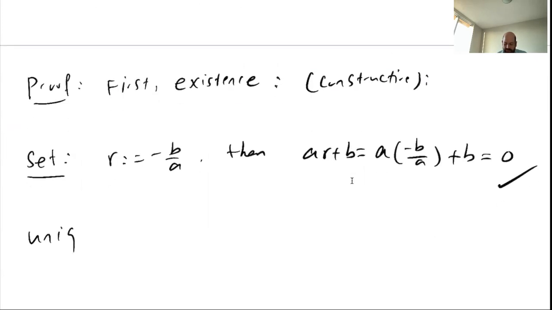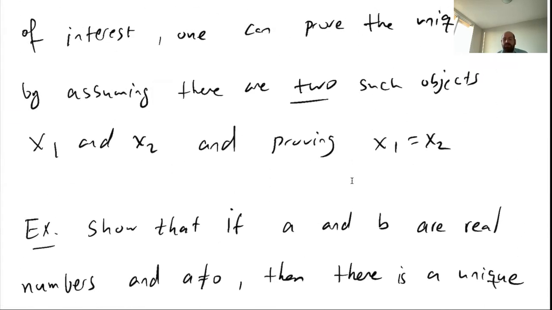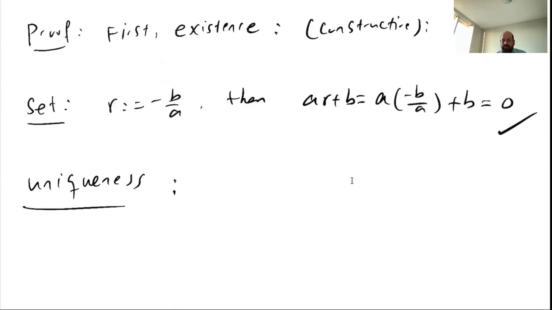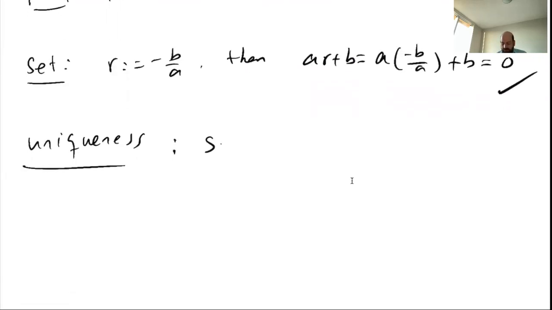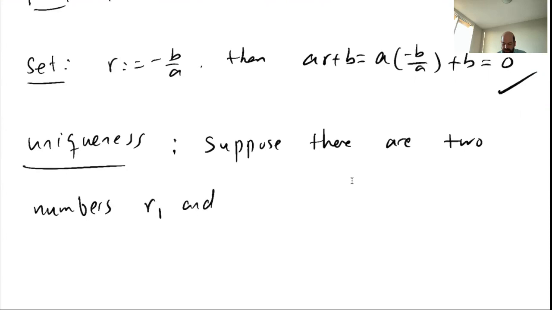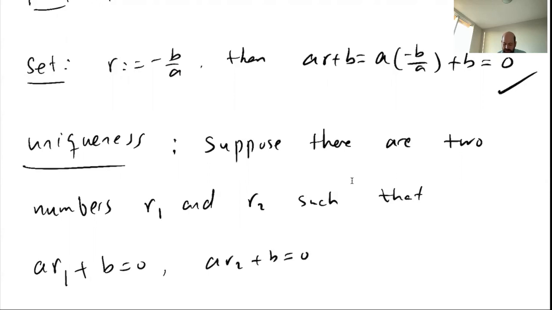And uniqueness. For uniqueness, we said, okay, we can assume that there are two such objects. You can call it x1 and x2, or in this case, because R is used, let's call them R1 and R2, and then show that R1 has to be equal to R2. So suppose there are two numbers R1 and R2 such that AR1 plus B equals 0 and AR2 plus B equals 0.